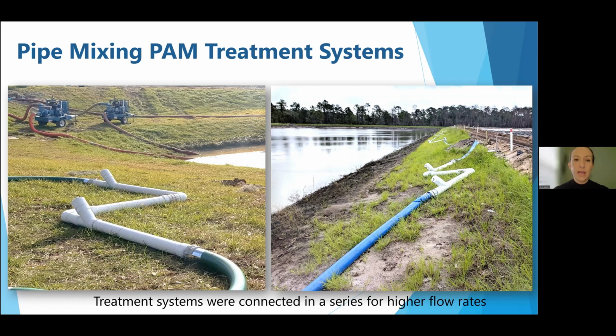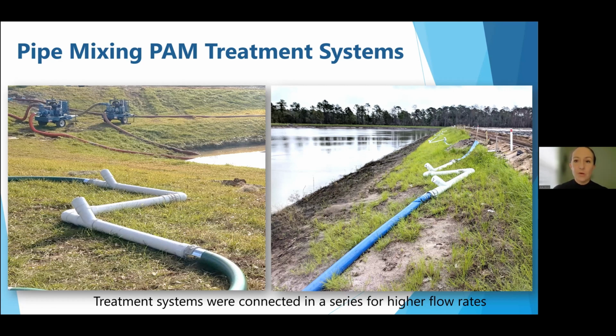You still have to get enough of those in your pipe system to get up to the correct dosage. So the way that you do that is you link multiple of those dosers, as I refer to them, in a line so that we have enough polymer logs on a single flow to get up to enough dosage. So we link those systems together to get up to dosage and to get enough mixing and reaction time.